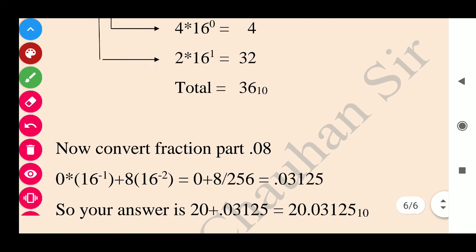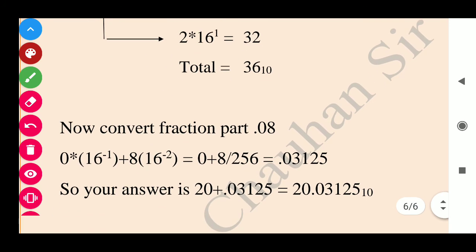Now convert the fractional part, that is 0.08. You have to solve each digit. So 0 into 16 raised to the power minus 1, that will be 0, plus 8 into 16 raised to the power minus 2, so it is 0 plus 8 divided by 256, that is your answer 0.03125.